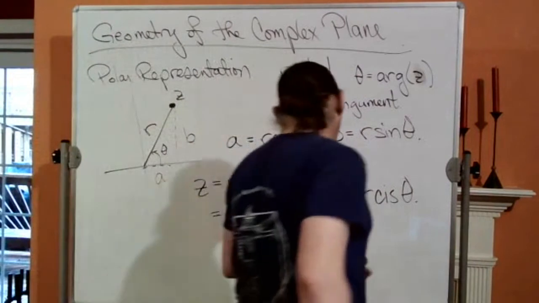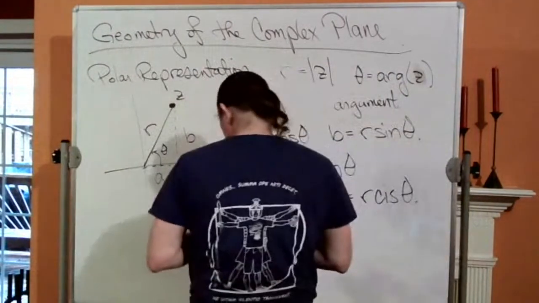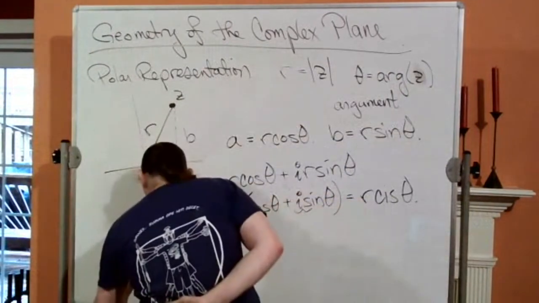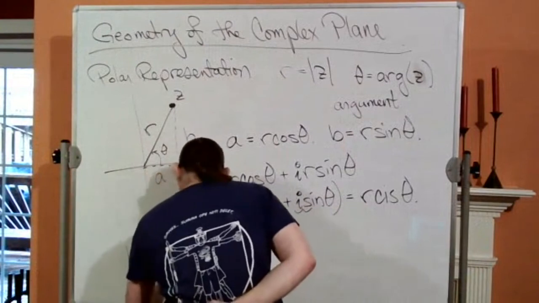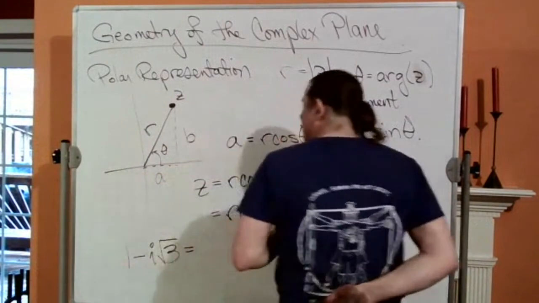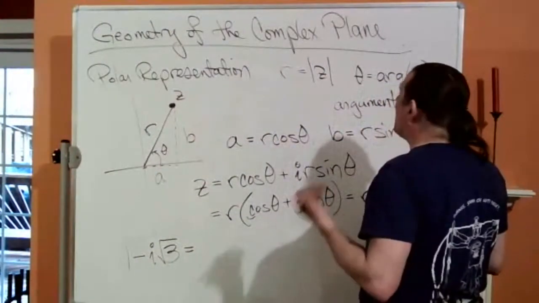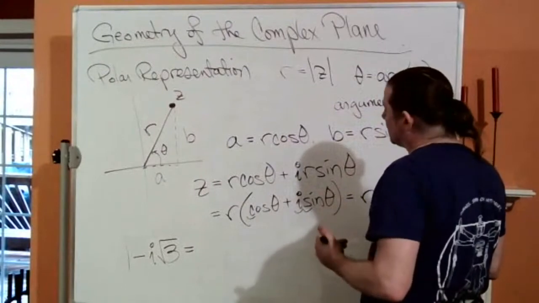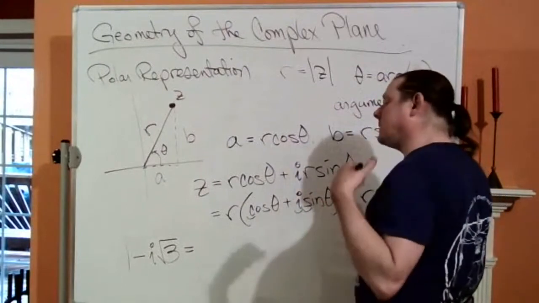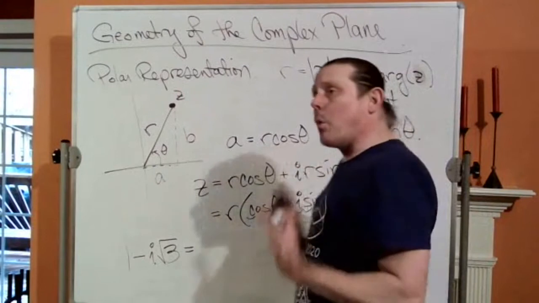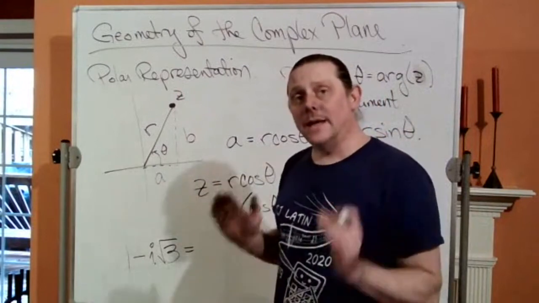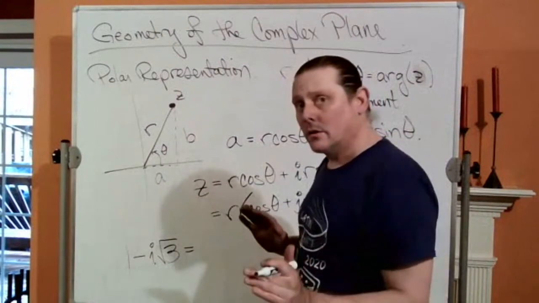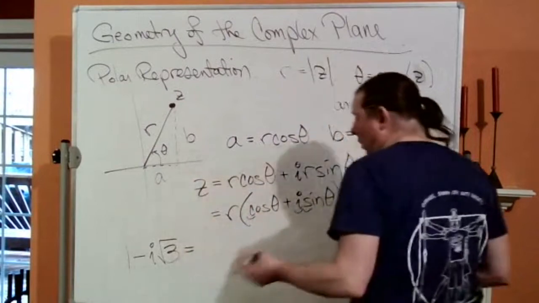So we could, for example, write 1 minus i root 3 as, we need to get its modulus first. The modulus is going to be the square root of 1 squared plus negative root 3 squared. So that's going to be 1 plus 3, which is 4.